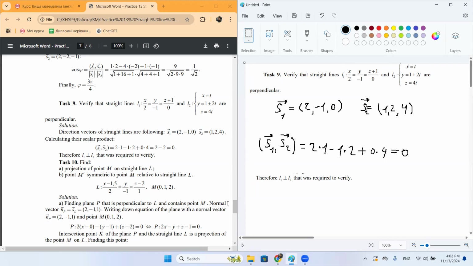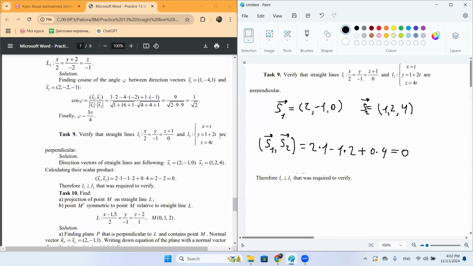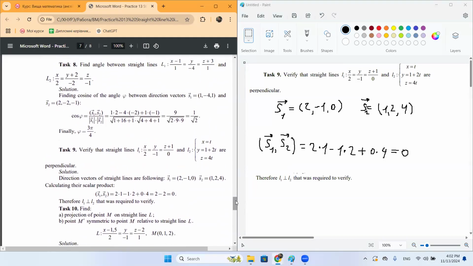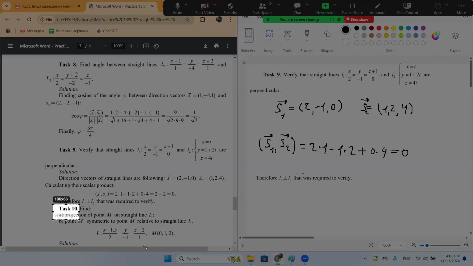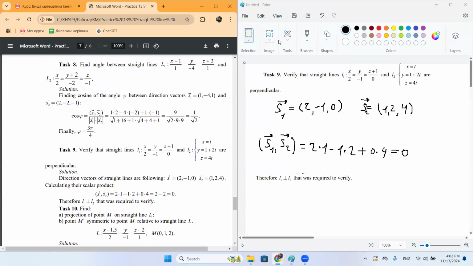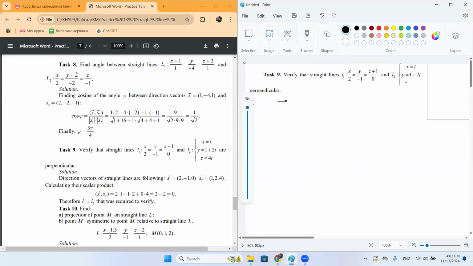Okay, now let's move to task number 10. So, what do we have here? We have the equation of a straight line and point M with the given coordinates, they are known.